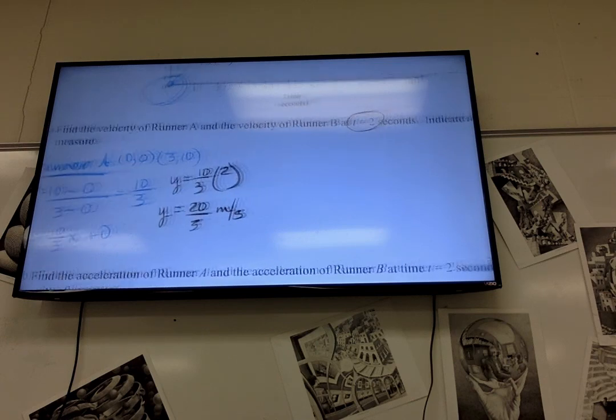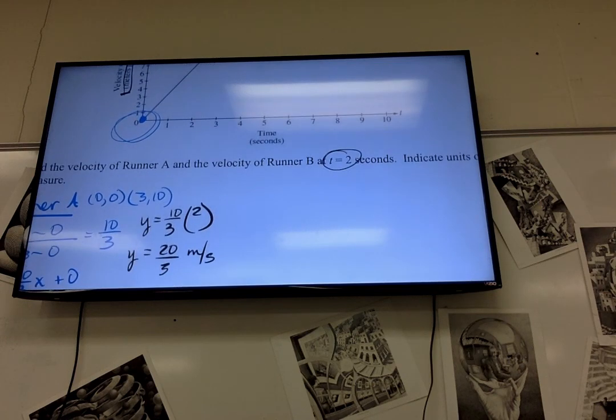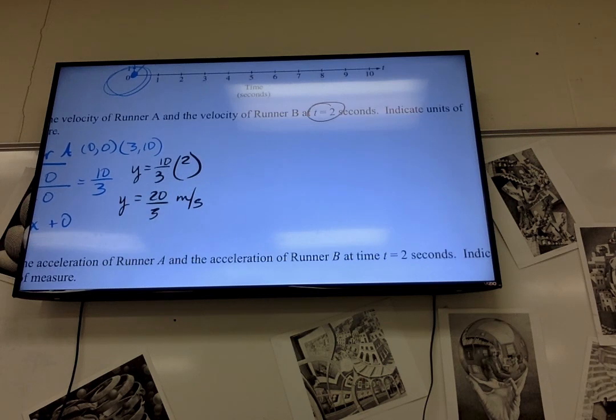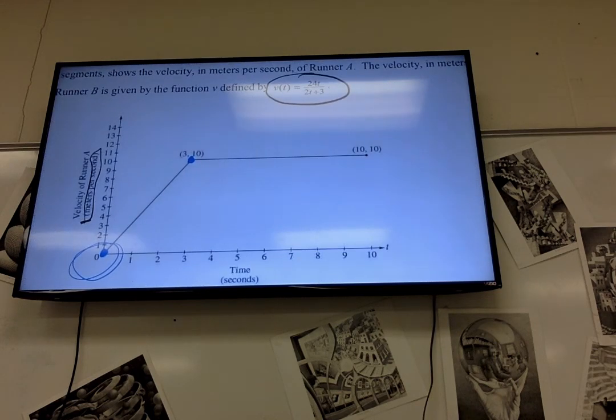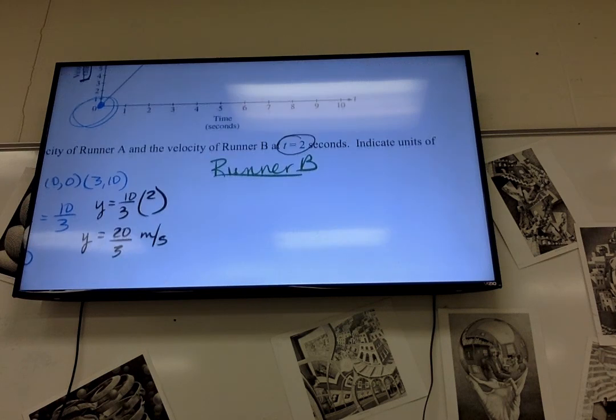All right, runner B, we use the equation. Okay, the equation is the one I circled up there for v of t.